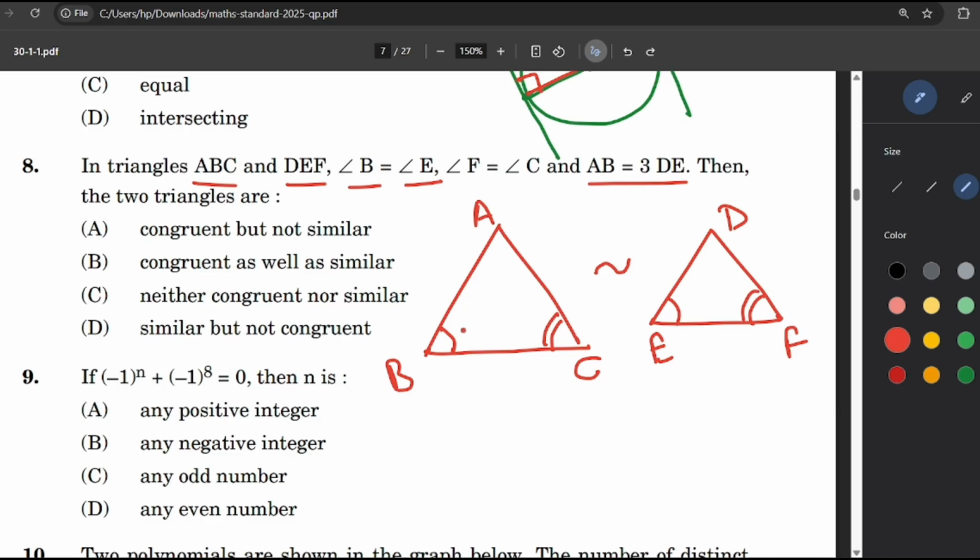Now these two angles are equal to these two angles, so we can say that this A is equal to this D. From here we can say that B is corresponding to E, C is corresponding to F, and A is corresponding to D. So now we can say that triangle ABC is similar to triangle what?